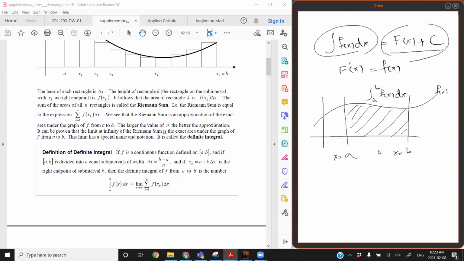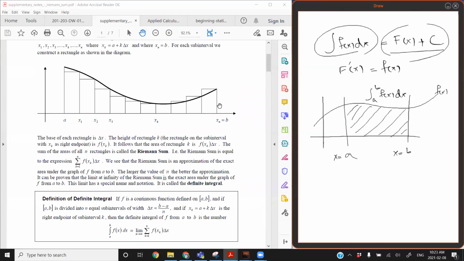And the method we find this area is, as I showed you, you're going to use a method called the Riemann sum. You have to partition this interval from a to b into a regular partition of n subintervals, create those rectangles.